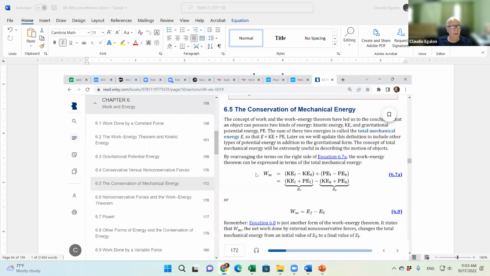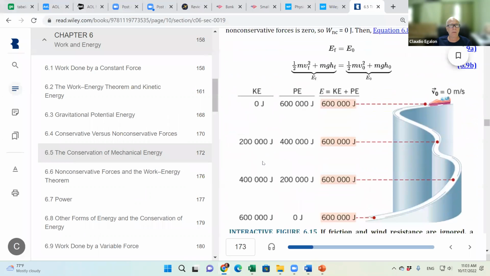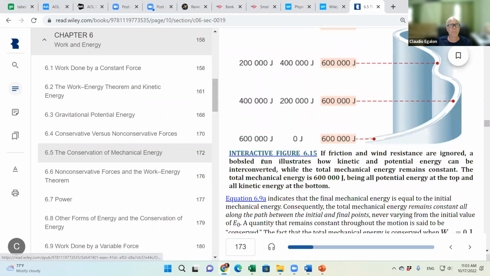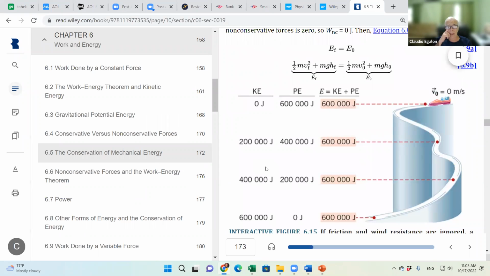Let's take a look at the book. Here you go. That's what this chapter is all about. Potential energy. Let me illustrate that. If there is no friction whatsoever, here you get a sled sliding over this track. The initial kinetic energy is 0, but the potential energy is 600,000 because this sled is very high. If there is no friction whatsoever, the sum of those two terms is going to be the same.